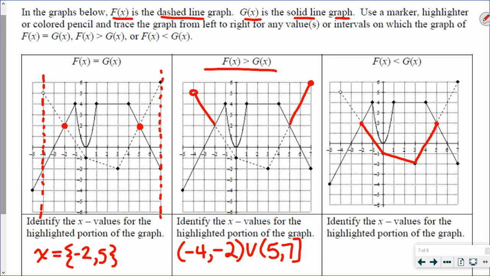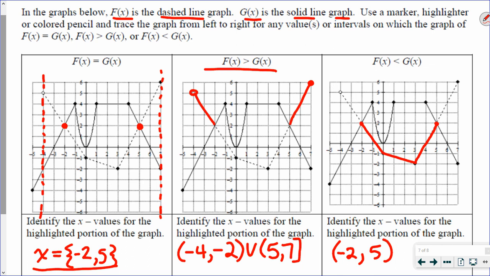Those x values would start at -2, not including -2, because remember we said over here that when x equals -2, f equals g. Comma, and then it stops when x equals 5, and again, parentheses, because when x equals 5, f equals g, it is not less than, okay?